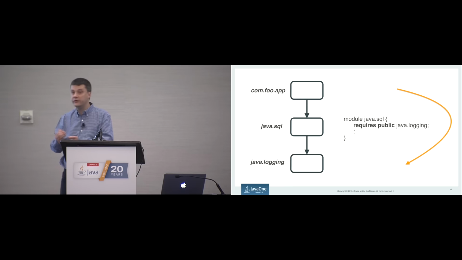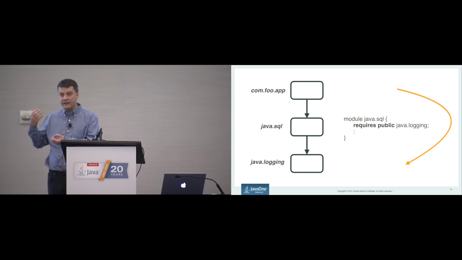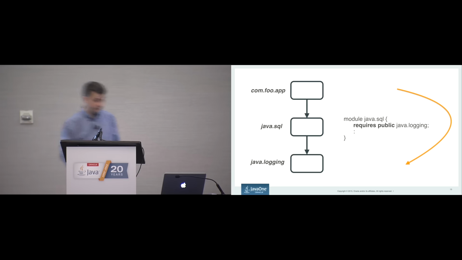What this does for the module system is it means that the application module here, confu app, will read the Java logging module. This is something called implied readability. So confu app reads the SQL module because I require it, and it also now will read the Java logging module because the SQL module has essentially re-exported that.